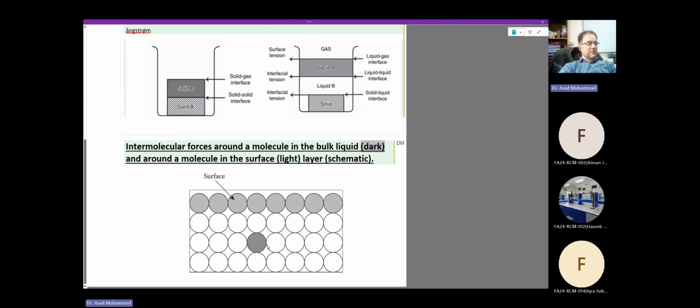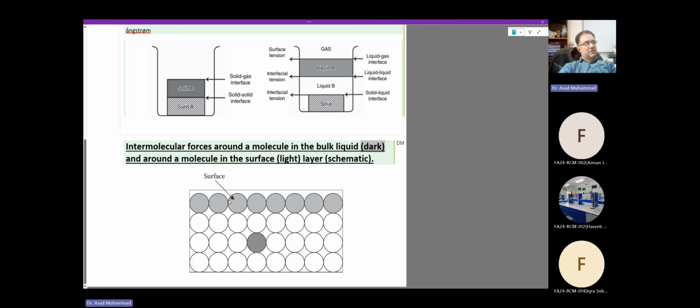It is not the case if the molecule is present inside the bulk, where it is surrounded in all the directions. Okay? So here it is surrounded from all sides by molecules, but if you look at the surface, it is not surrounded. Since it is not surrounded, it will have an imbalance of forces.